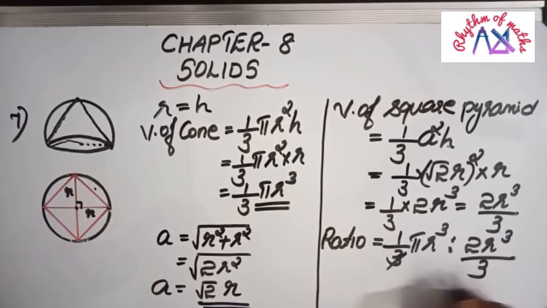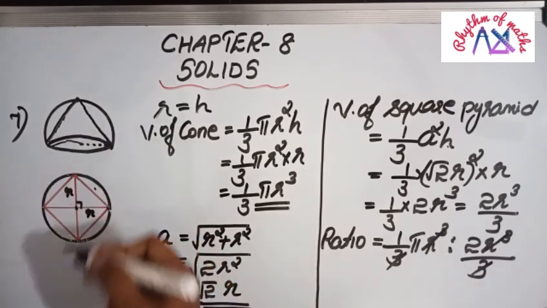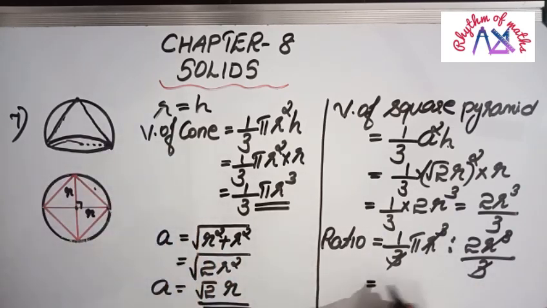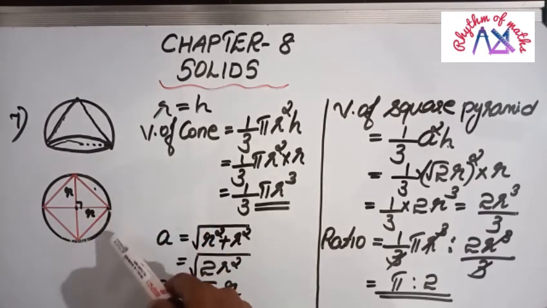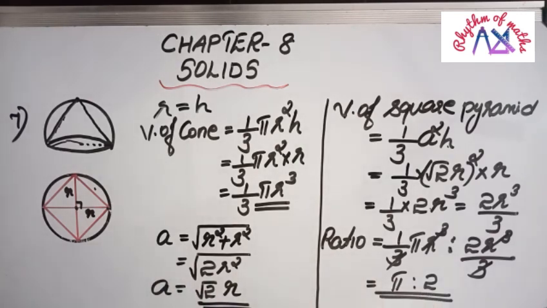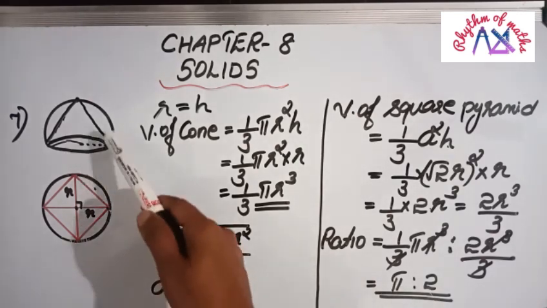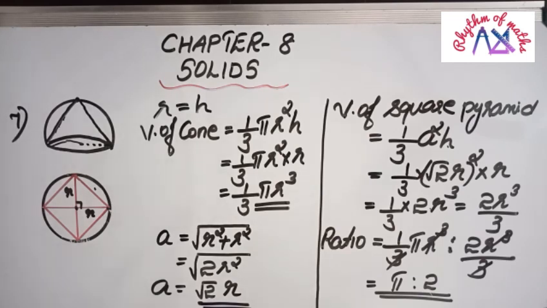This by 3 we can cancel, and this r cube and r cube also we can cancel, because both are from the same hemisphere, so same radius. Now what remains here? Here remaining answer is pi is to 2. So pi is to 2 is the ratio of cone and square pyramid's volume. Okay, ratio of volume of cone and volume of square pyramid is pi is to 2. This is the answer. Both are created from the same hemisphere.